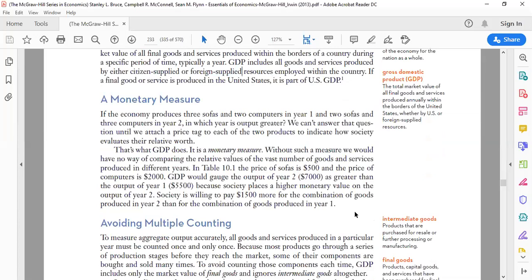is a monetary measure. Why do we call it a monetary measure? For example, if there are 3 sofas and 2 computers which are produced in 1 year, we will not say that 3 sofas and 2 computers in 1 year is the GDP. Why?